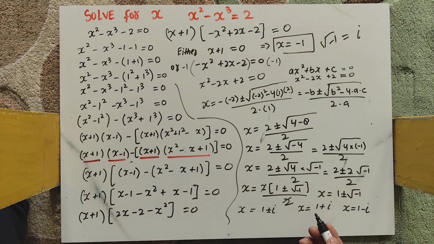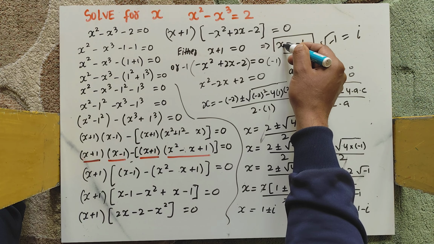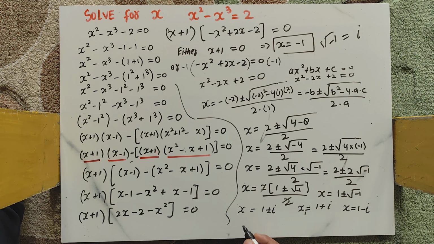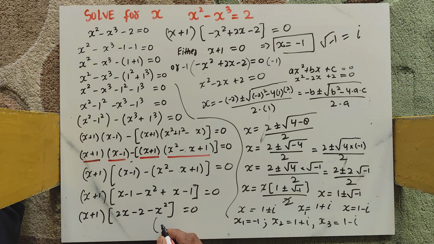That means we got 3 values for x: x1 is equal to negative 1, x2 is equal to 1 plus iota, and x3 is equal to 1 minus iota. So we got 3 values for x, that is negative 1, 1 plus iota, and 1 minus iota.